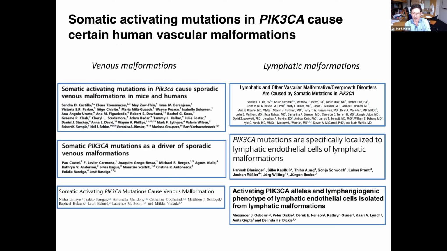Okay, so we looked at the literature, and one thing that also struck us was that there was a large role for PI3 kinase gain of function mutations. PIK3CA is the enzymatic component of the PI3 kinase enzyme, and gain of function mutations in PIK3CA have been found to cause both venous and lymphatic malformations.